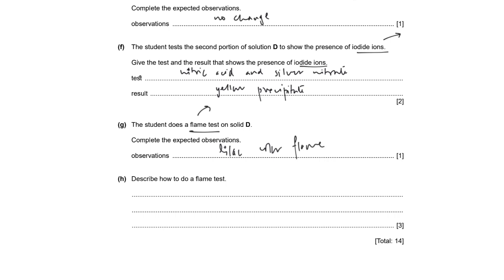Describe how to do a flame test. How do we do a flame test? We use a clean, inert wire soaked in a metal solution, right?